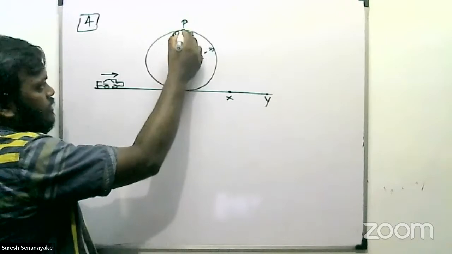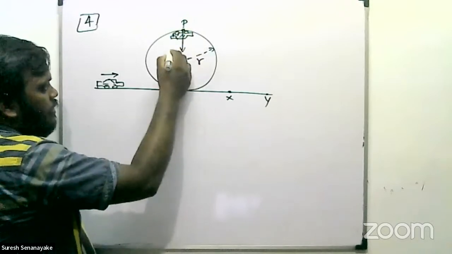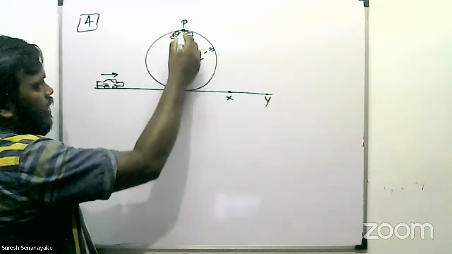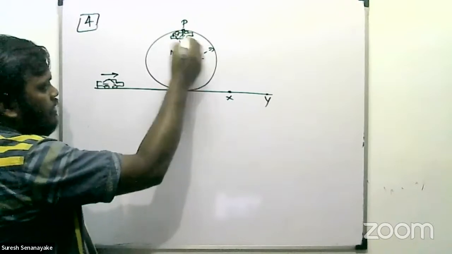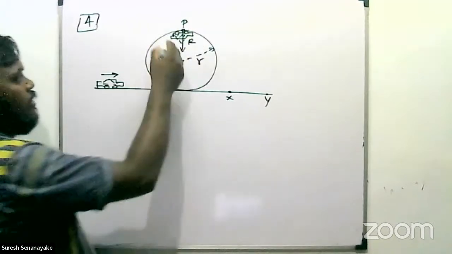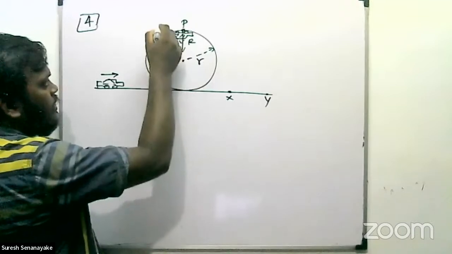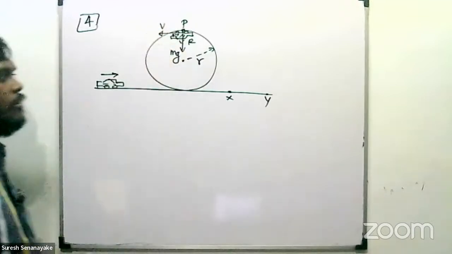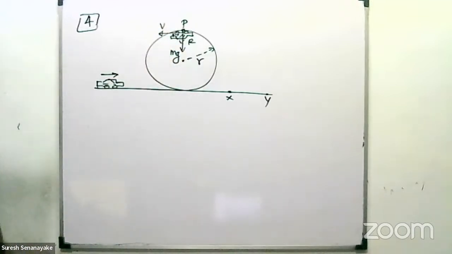Now let's see the object there. What are the forces acting on it? The weight is downward, that is mg, and the normal reaction, this R. Let's say the velocity is v. To move without losing contact, the normal reaction should be greater than 0, right?